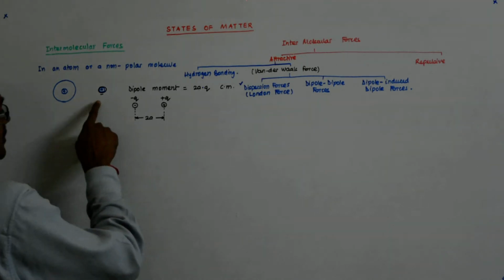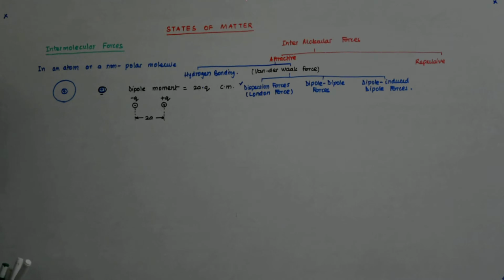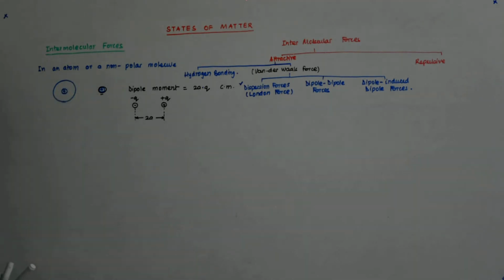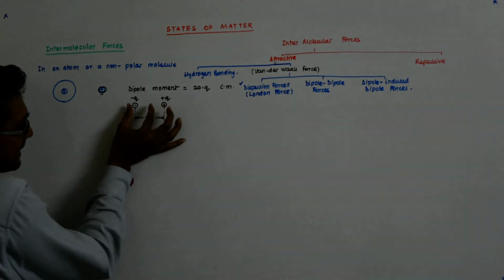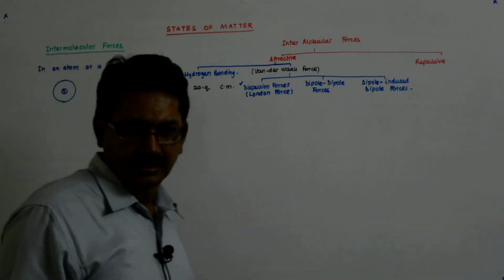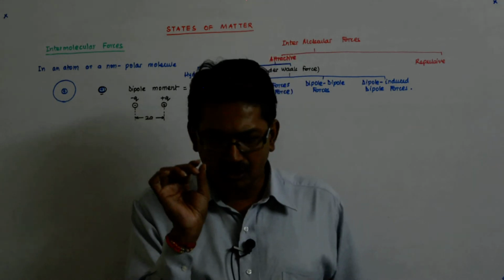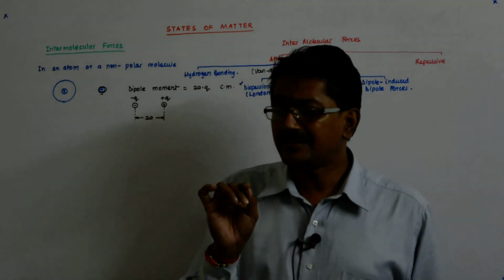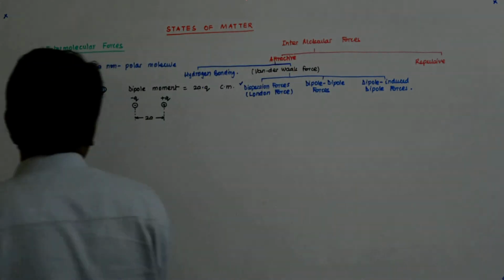Now try to think about an atom. What happens in an atom? Though there are equal and opposite charges, since they lie on one another, the distance between them is 0. So the dipole moment is 0. Understand?